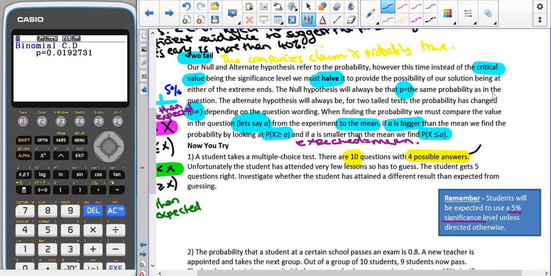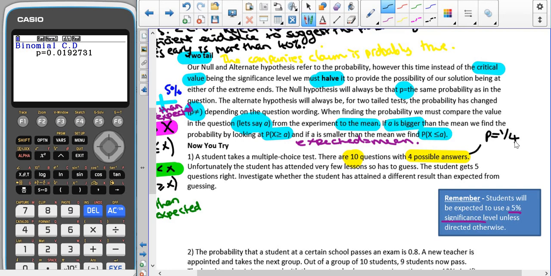Only 1 out of those 4 options is going to be correct. So this is where our p-value comes from this time. Be careful whether it's telling you how many options there are, and from the context of the question, if only one of them can be true, or whether that's the number that they found when they were doing the experiment.